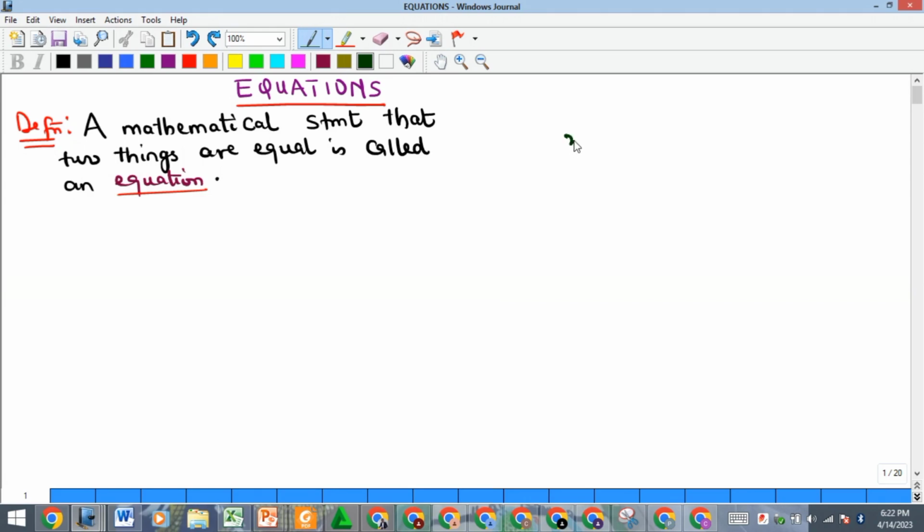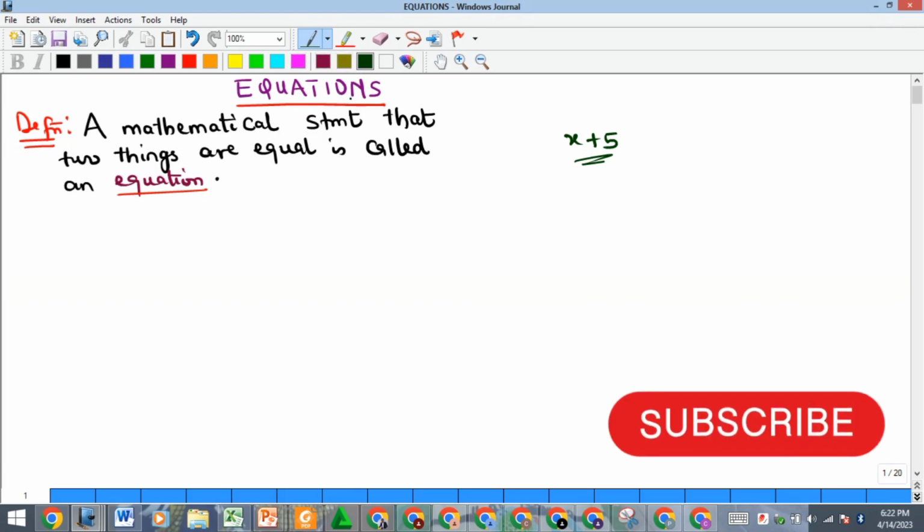For instance, I can write X plus 5. This is a mathematical expression. But it becomes an equation when we have a mathematical statement that says that two things are equal. In other words, an equation is a mathematical expression that contains an equality sign.